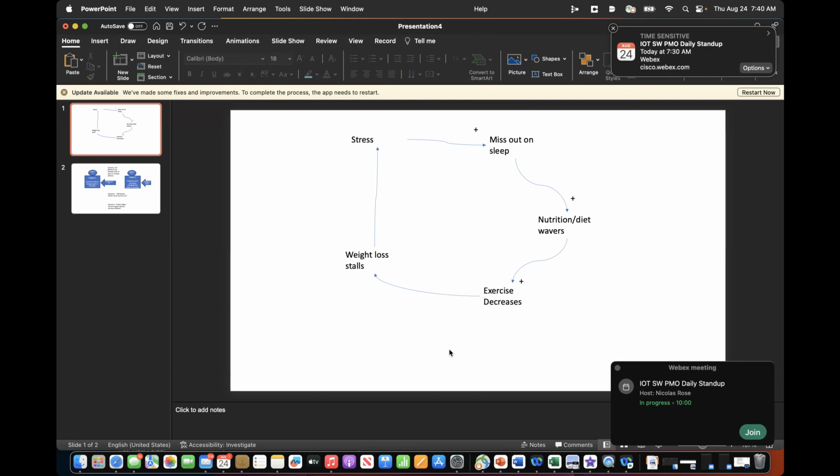And it reinforces itself. And so part of the analysis you have to do is to map out, hey, here's this circle. How do I break this cycle? Because if I let this keep happening, we'll just keep gaining weight. So how do I break the cycle?